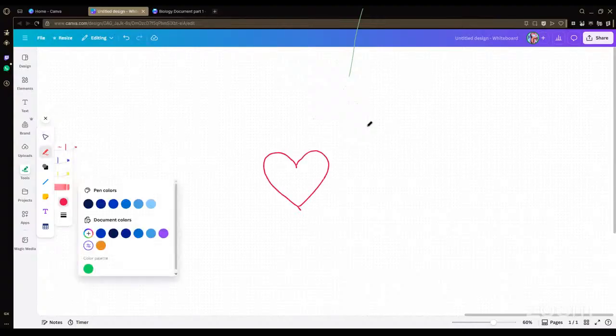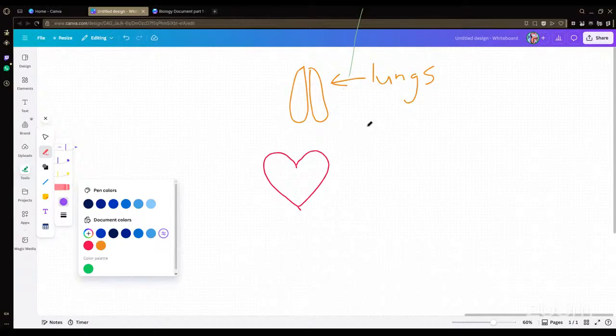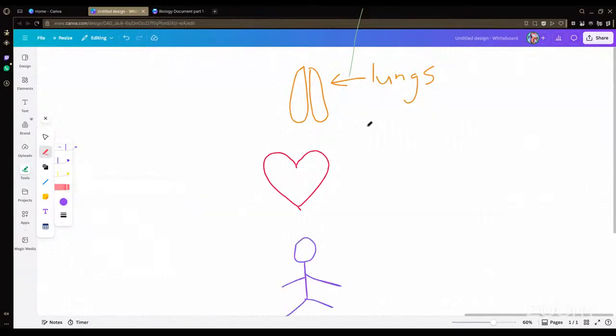Lungs, okay? They look weird, but they're lungs. And now the rest of the human body, including the head. I hope my screen isn't lagging.